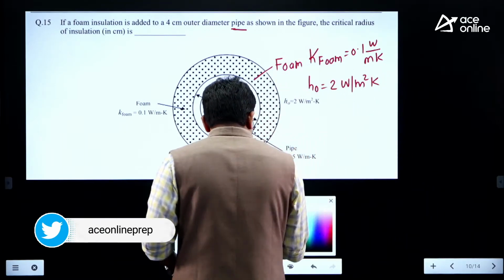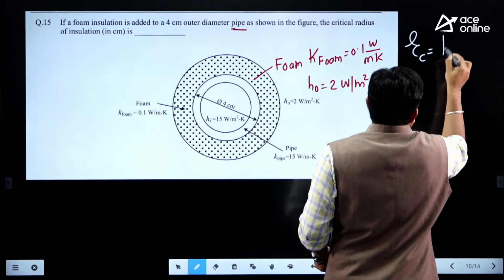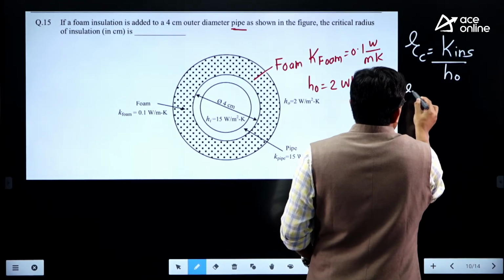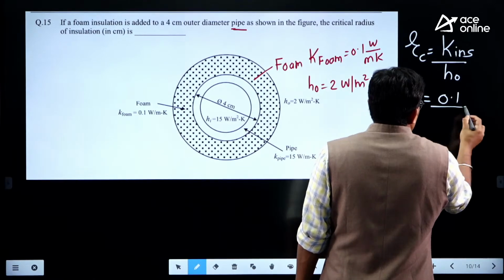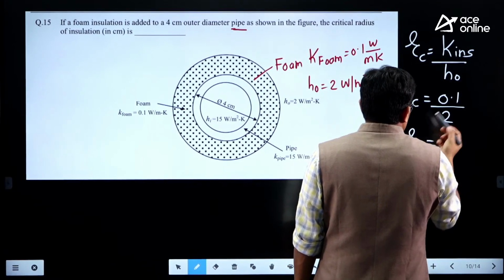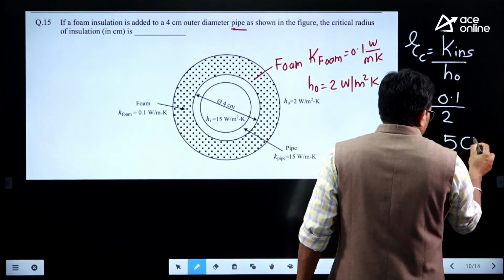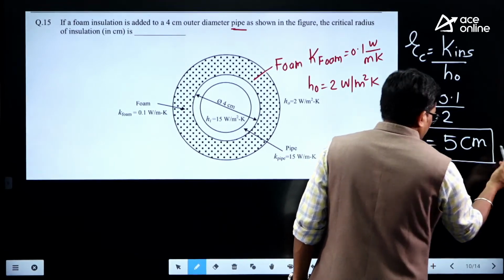So RC is equal to K insulation by H outer. K insulation is 0.1 by H naught, that is 2. If you calculate, remember you will get the answer in meters, so you have to convert. Then you will get RC as 5 centimeter.